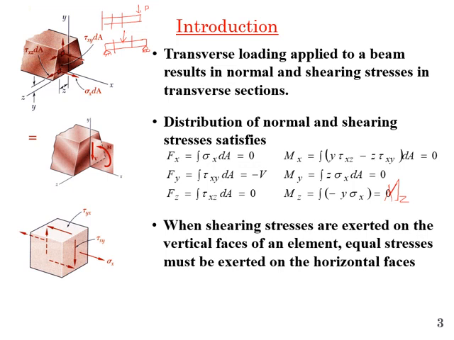Okay, so when shearing stress are exerted on the vertical face of an element, they must be exerted on the horizontal face as well. If you remember from chapter 2, when we have shear stress and we consider the 2D element, we have tau xy in this direction, so there must be tau yx, and similarly on these faces as well.